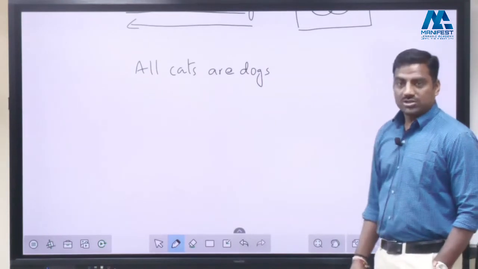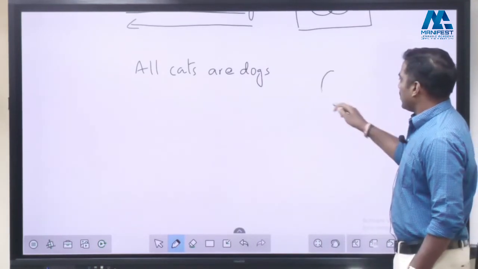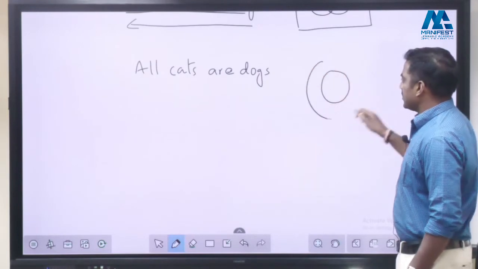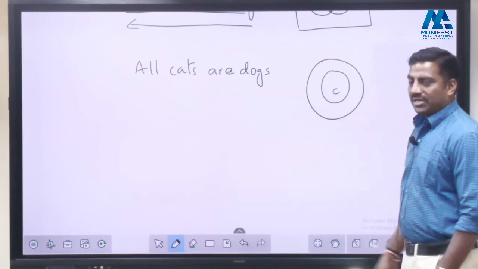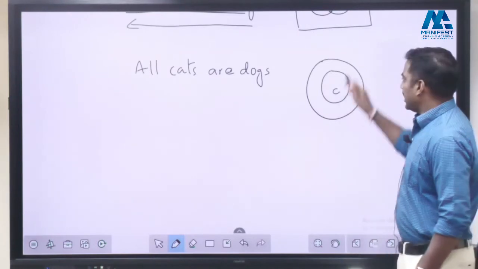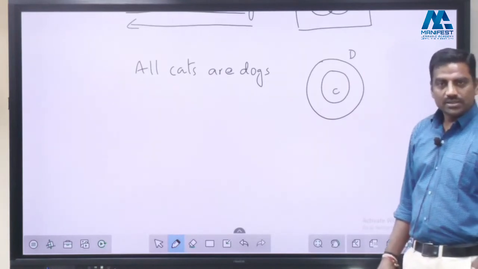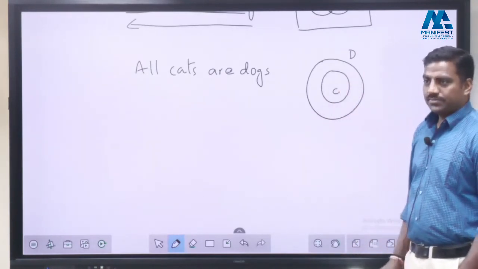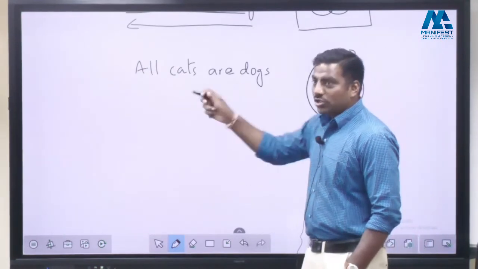All cats are dogs. So in such a diagram, you have to make two concentric circles. This is the circle for cats and this is the circle for dogs. Does it make sense? All cats are dogs. Tell me, all dogs are cats?